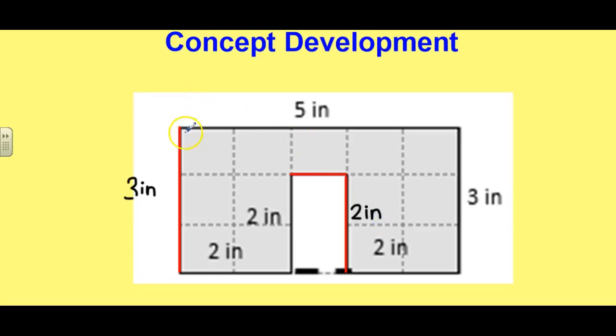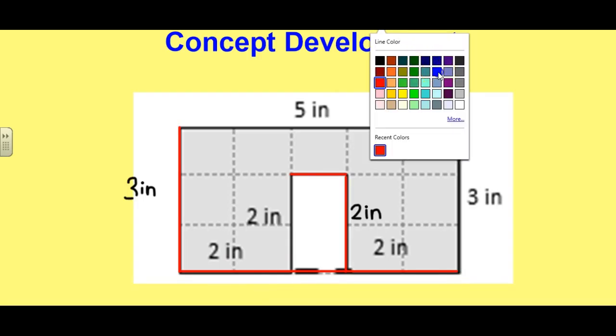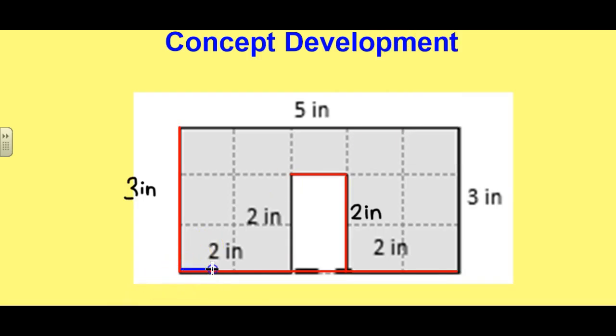So if I'm going from here to here, and this is 5 inches, then that also means that from here to here is also 5 inches. So far I know that from here to here is 2 inches, and that from here to here is 2 inches. So total on this side so far, I have 4 inches.